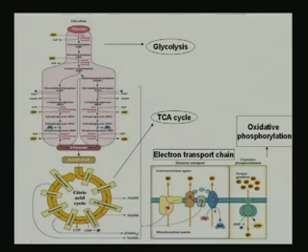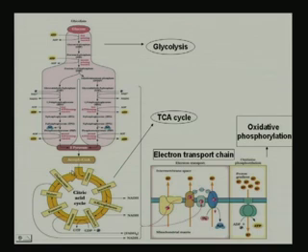In the case of the TCA cycle, we have also learned how pyruvate is converted to acetyl-CoA, and when acetyl-CoA is formed, one molecule of carbon dioxide and one NADH is produced.